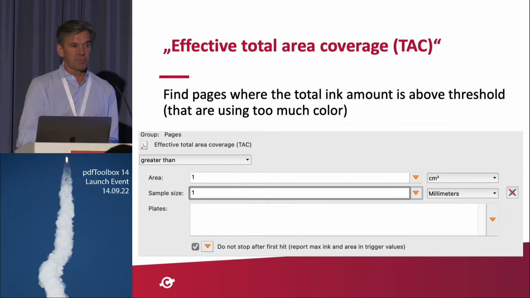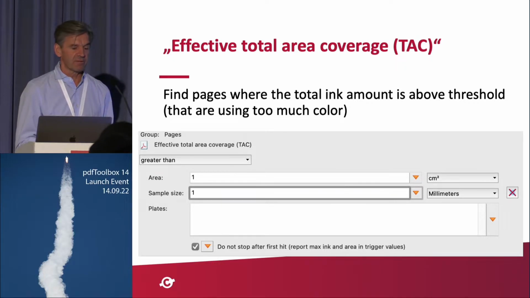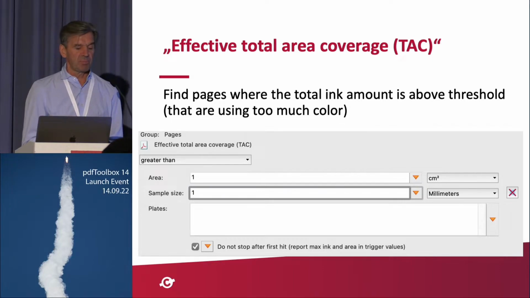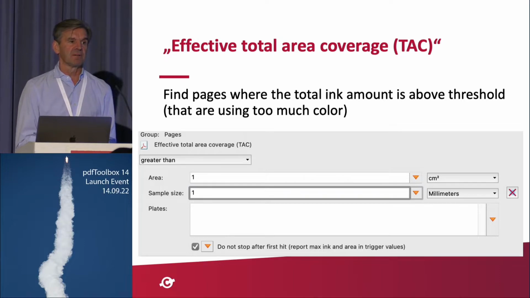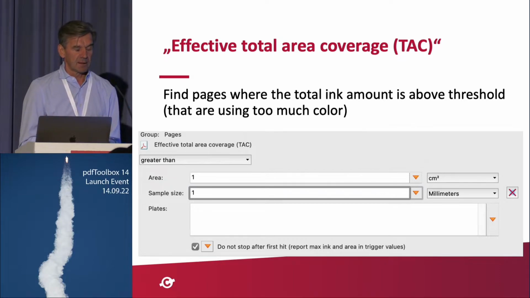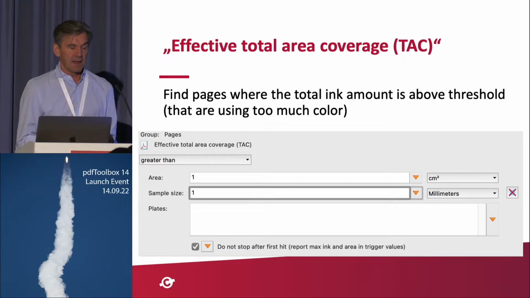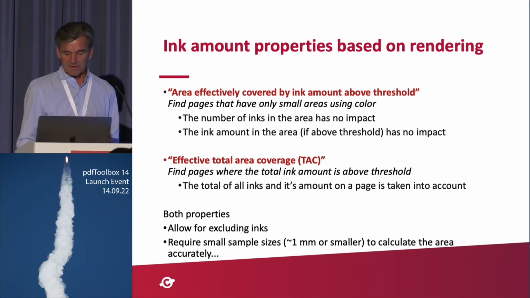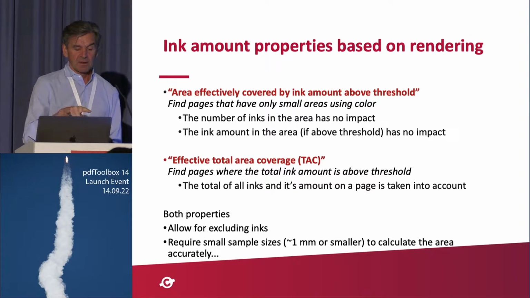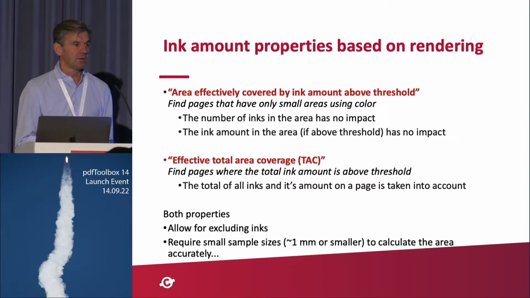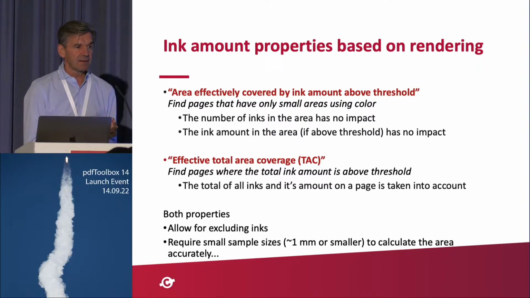And the other new property is effective total area coverage, and that would find pages where the total amount of ink is above threshold. So it's easier to explain what it does. It finds pages where the total amount of ink is above threshold, as I've said. So let's compare the two, because I think that is also explaining something. The area effectively covered by ink amount, the first one, there I'm really interested in the area, and I don't care whether there is just one ink.